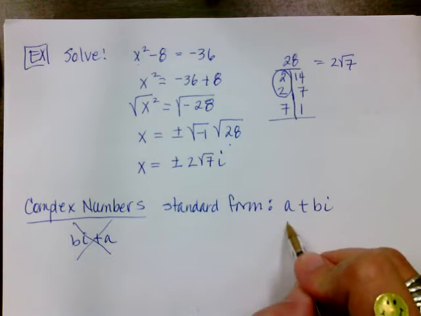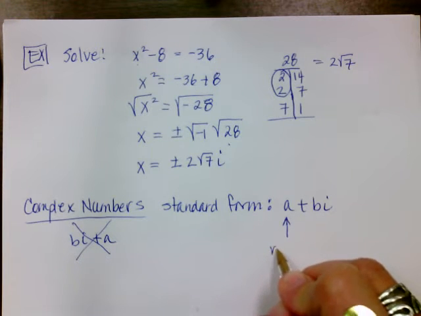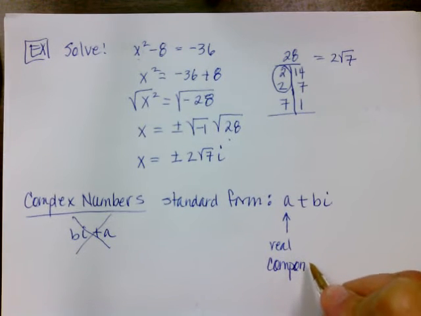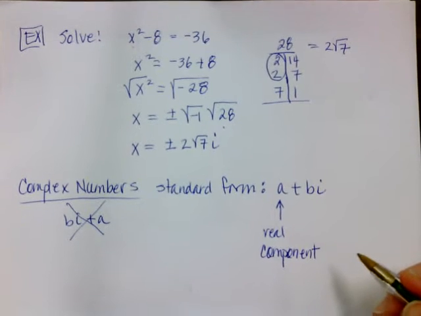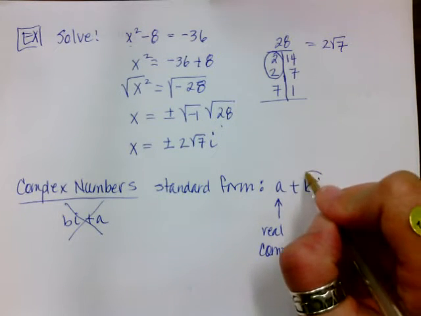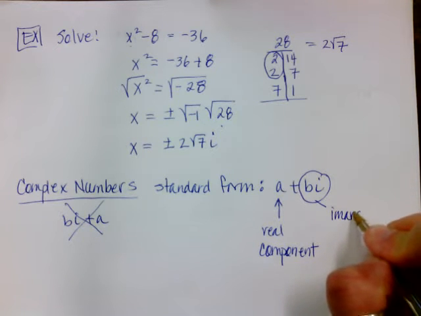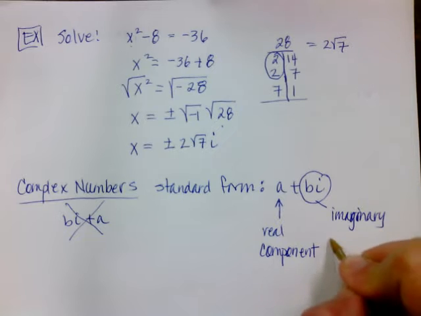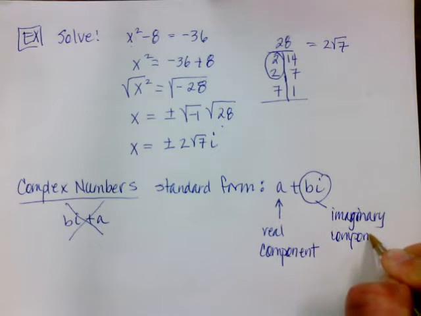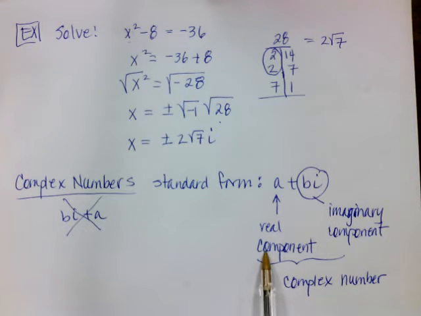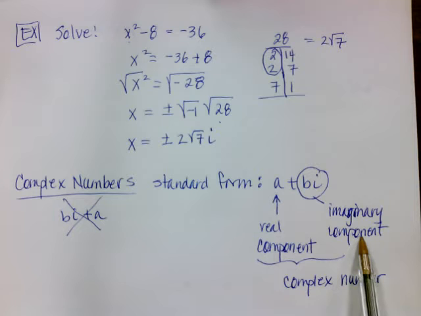The a is the real component, so it will be a plain number that we are used to seeing. The bi is called your imaginary component. When I put those two things together, it makes a complex number. So a complex number is made up of a real component and an imaginary component.